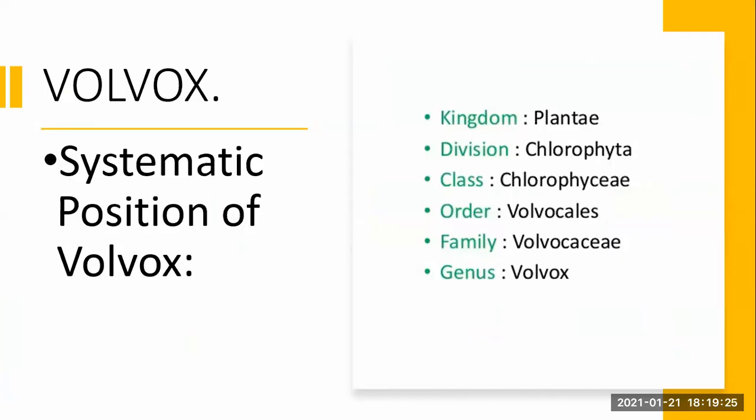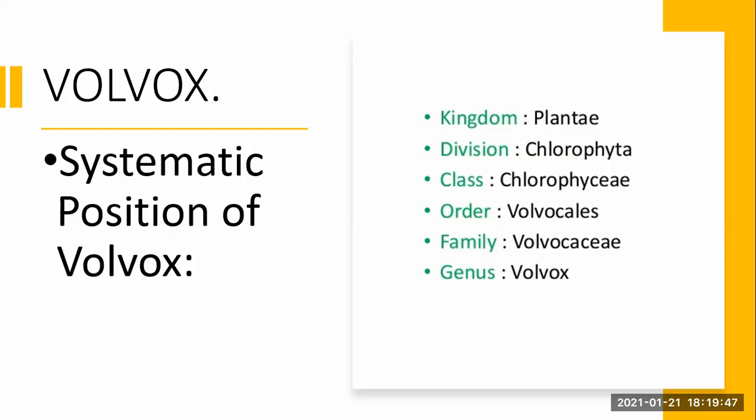The systematic position of Volvox is Plantae, algae, Chlorophyta, Chlorophyceae, Volvocales, Volvocaceae, and the genus Volvox. So how do we identify this Volvox?